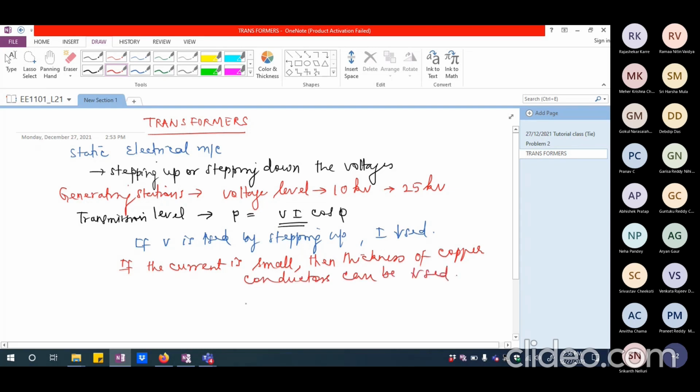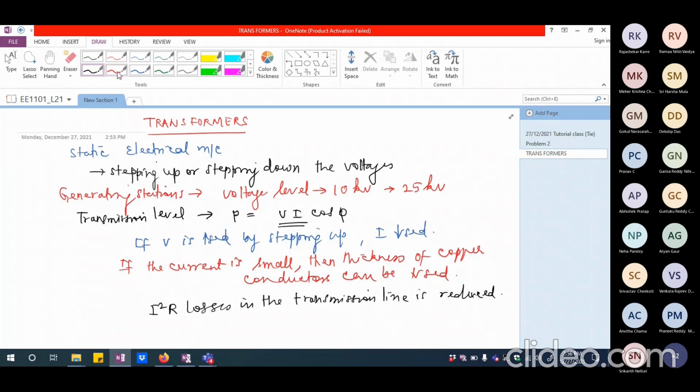The second is that with lower current flowing through the conductor, the I square R losses in the transmission line can also be decreased. So we have two main advantages whenever we transmit power at high voltages. That is the reason why we increase the voltage.